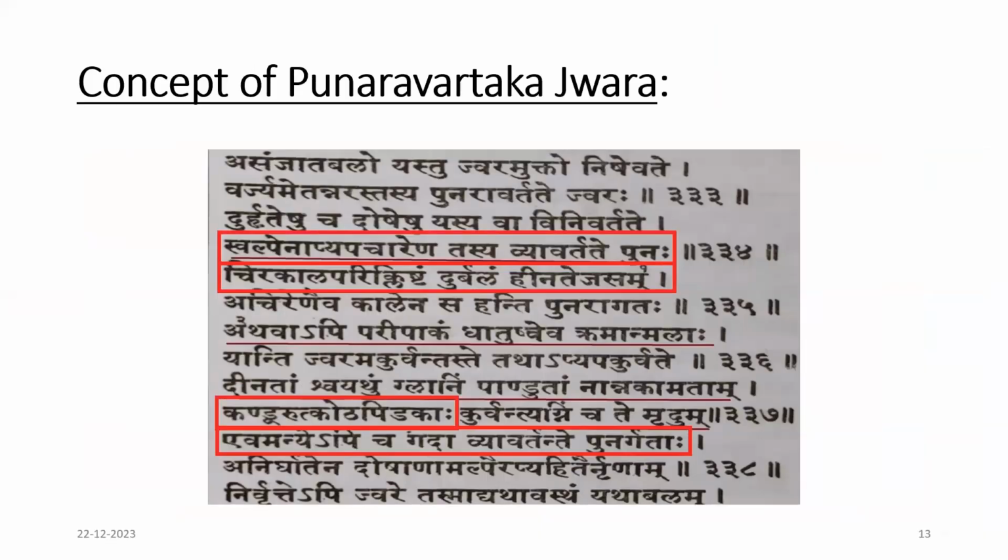And also if we see Punaravartakatva, Punaravartaka Jwara, why Dushi Visha recurs, why Dushi Visha is seen again and again, is this one. If you see shloka number 34, we can see the Nidana for Dushi Visha. Swalpena api apacharena tasya vyavartate punaha chirakala pariklishtam durbalam hina tejasam.